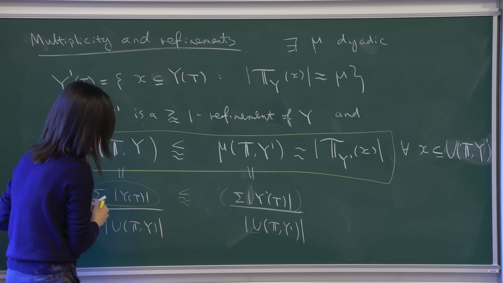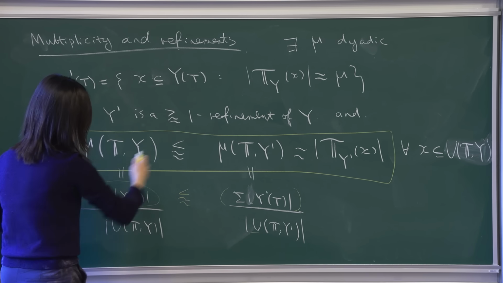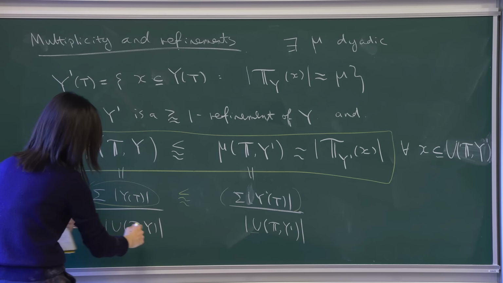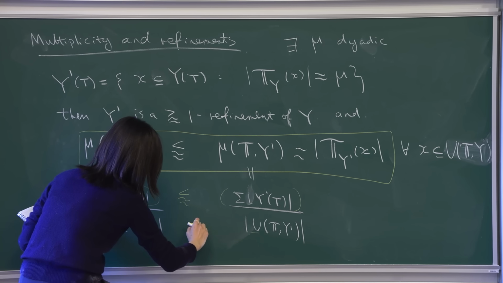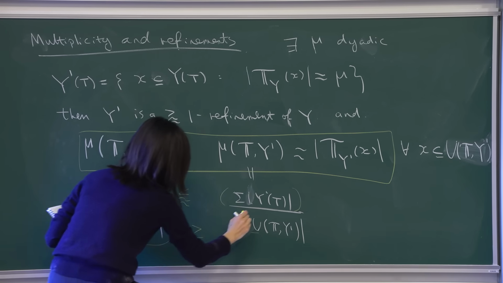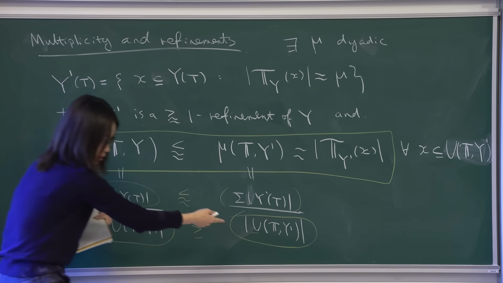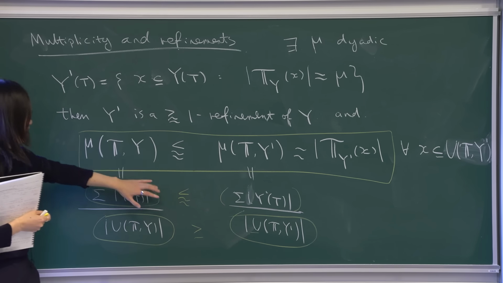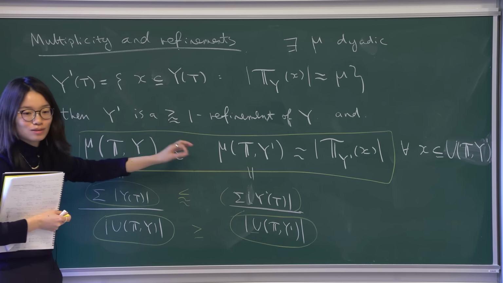So it's true because it's one refinement. The second part is trivial because this is a refinement: the volume of Y is greater than or equal to the volume of Y', and since this is in the denominator, we have less or equal.